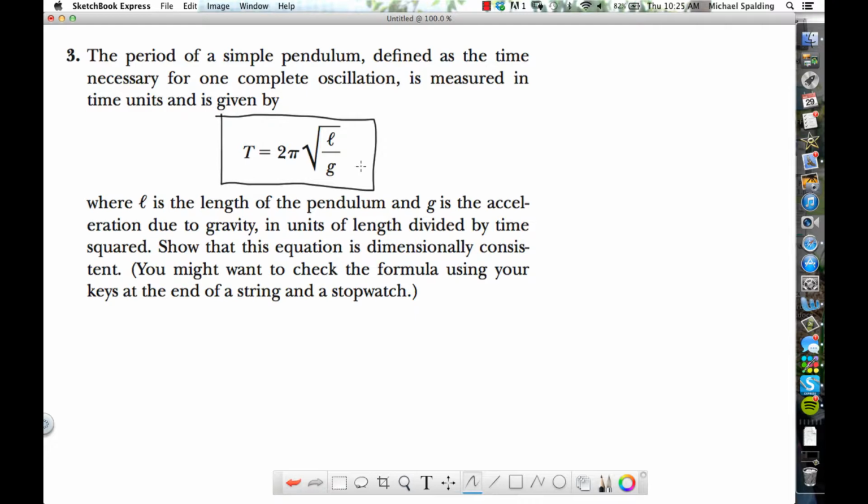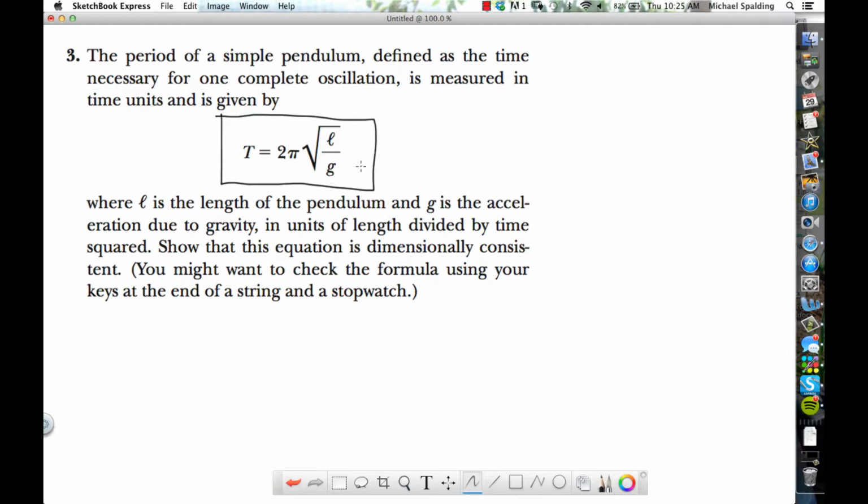Mass on a spring. Imagine a spring hanging from the ceiling, and we hang a mass on it and let it go. That mass would start bouncing up and down, right? The period for a mass on a spring is the time for one complete bounce.